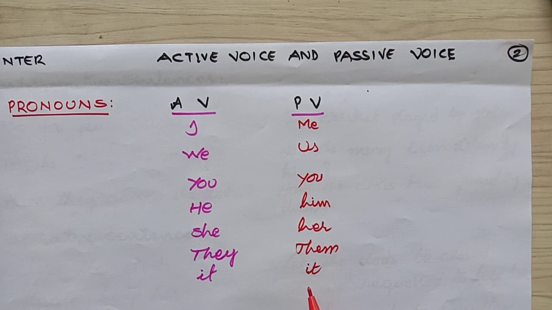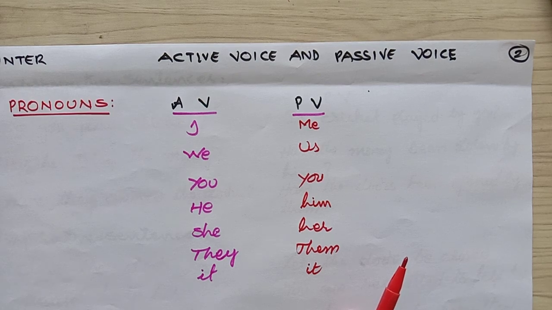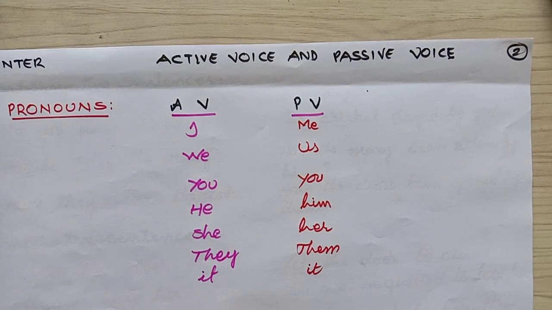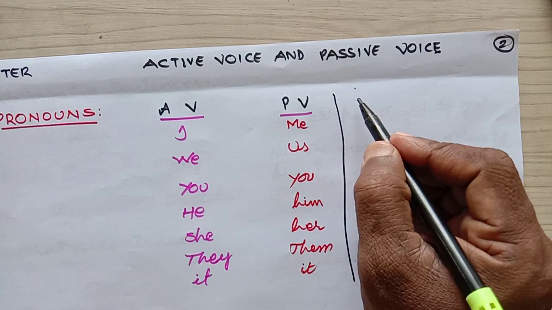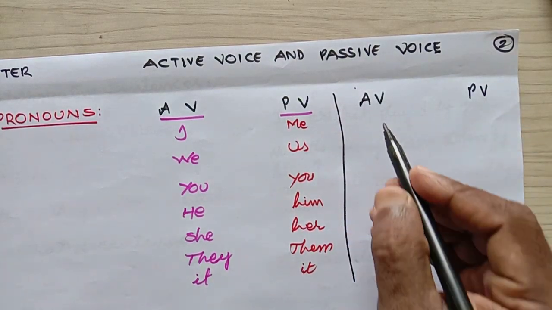It remains as it. Now, we can write so many sentences like this. If in active voice me is there, that becomes I in passive voice.